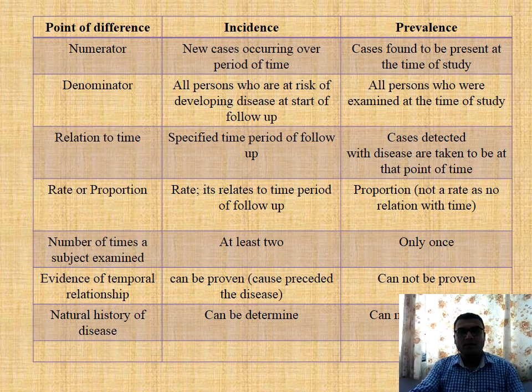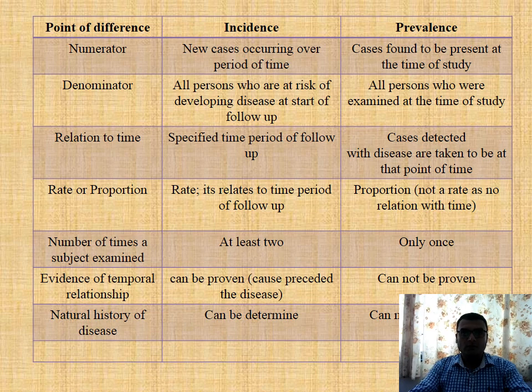Let's see what the differences are between incidence and prevalence. First, the numerator. In incidence, new cases occurring over a period of time are taken in the numerator, and in prevalence, the cases found to be present at the time of the study are in the numerator, irrespective of whether they are old or new.